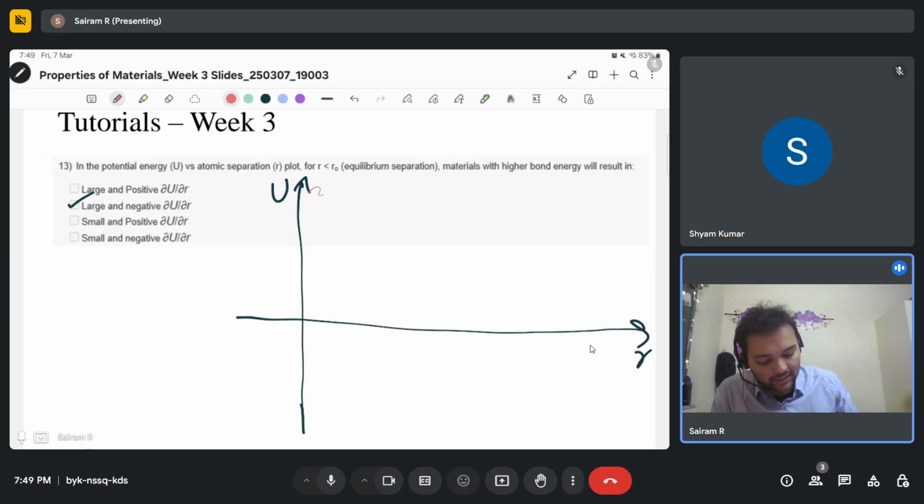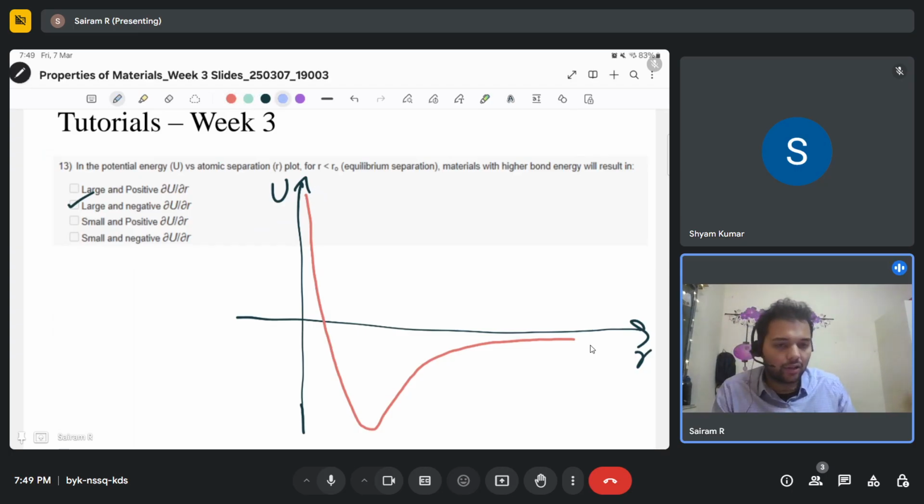So let's say this is the material with very high bond energy. And let us also assume, just for simplicity's sake, that R naught is constant.